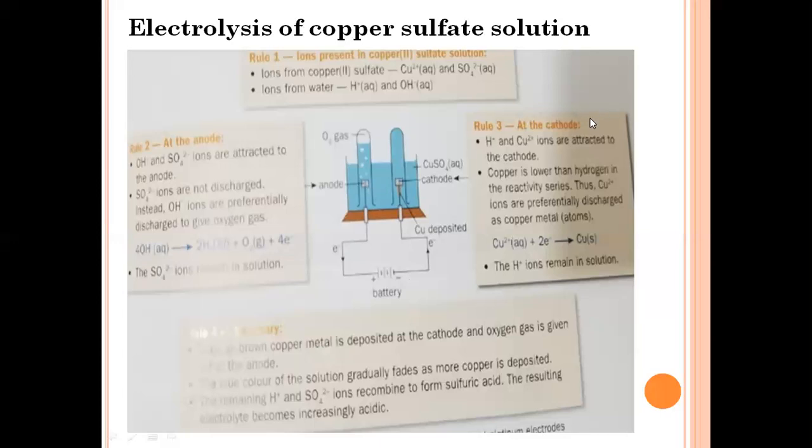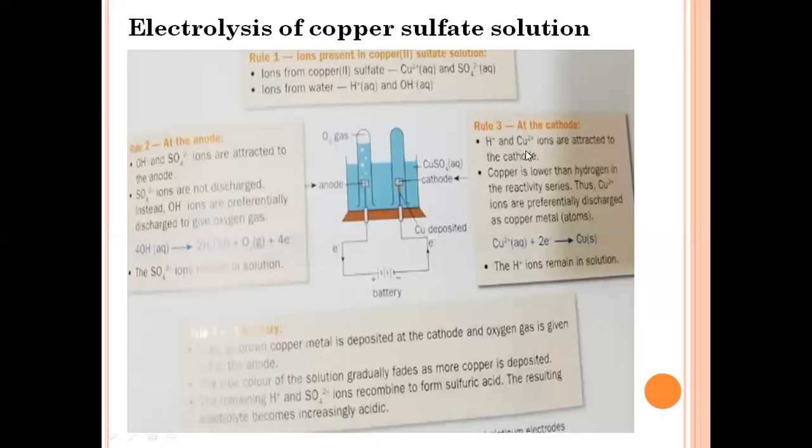At the cathode, there are two ions, hydrogen ion and copper 2 positive ion. So what happens? Which will be preferable there? Copper. Copper is present below hydrogen in the reactivity series. So you know that lower down there is an increased ease of discharge.